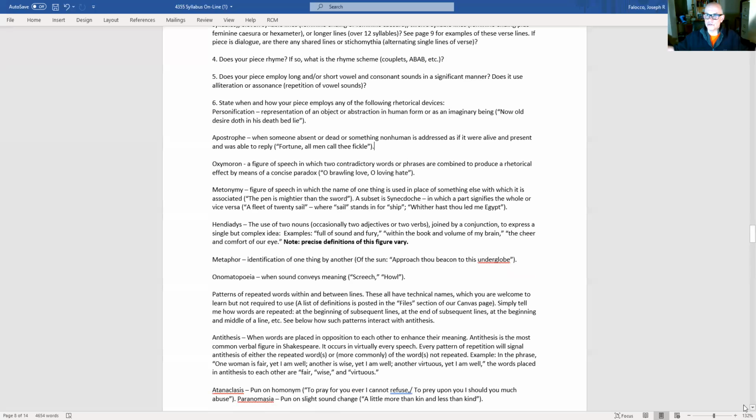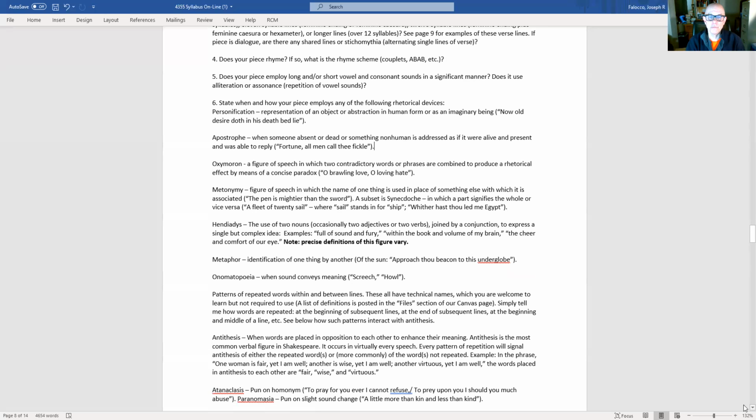So the idea is you got two things that when you put them together, they create a whole greater than the sum of its parts. That is the test for whether it is Hendiadys. Reasonable people can disagree about whether it's Hendiadys or mere redundant doubling. But the examples here, I think, are clearly adding up to create a whole greater than the sum of their parts. From the Scottish play, "Full of Sound and Fury."